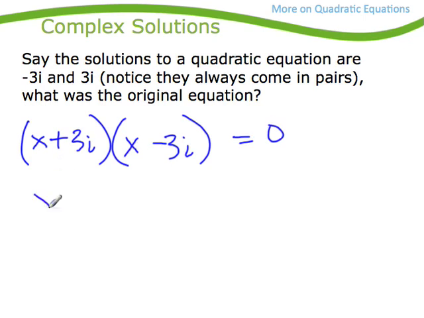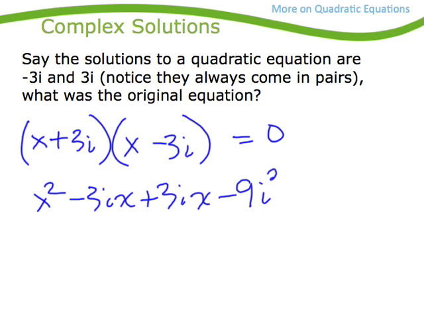Now, FOIL: x squared minus 3ix plus 3ix minus 9i squared. If you FOIL that all out, these two middle ones cancel, leaving me with x squared minus 9 i squared. i squared was minus 1, right?